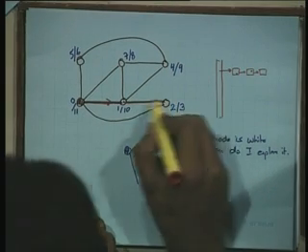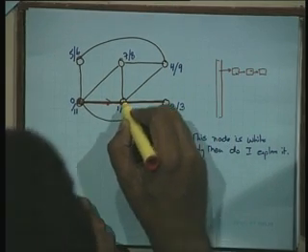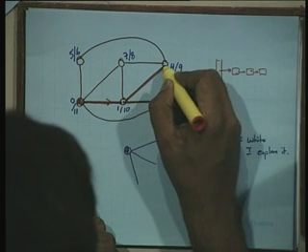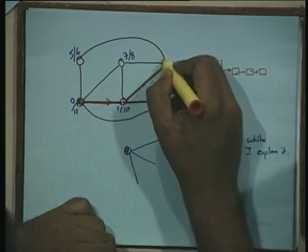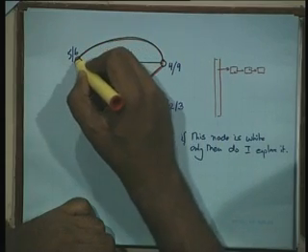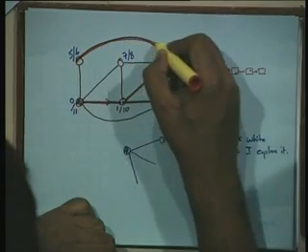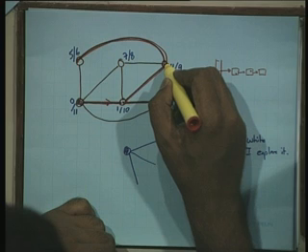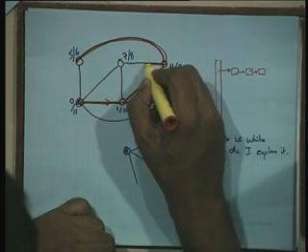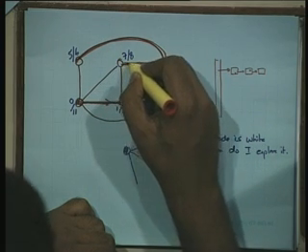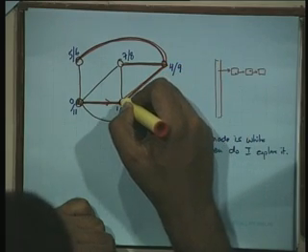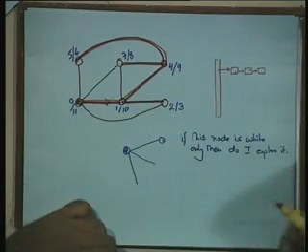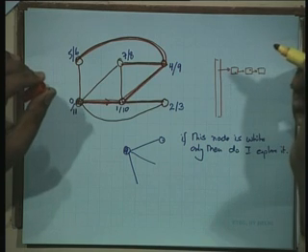Once I went along this edge, then I backtracked along this edge, then I went along this edge, then I went along this edge, then I backtracked along this edge, then I went along this edge, backtracked along this, backtracked along this, backtracked along this, yeah.